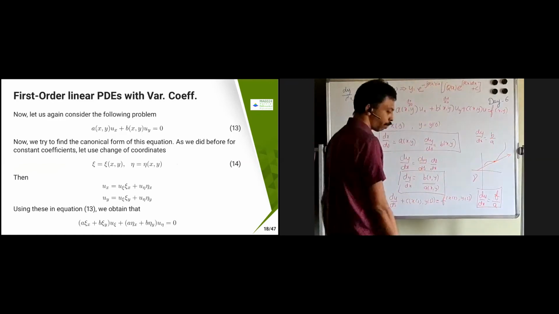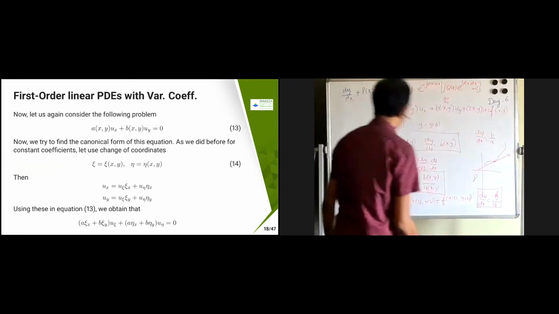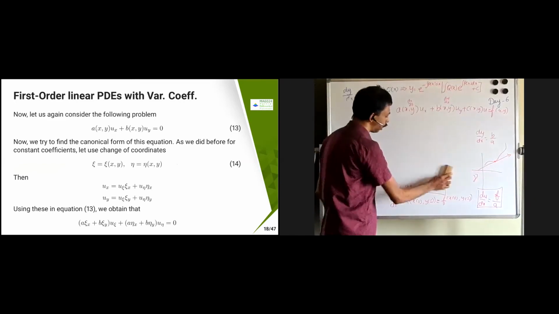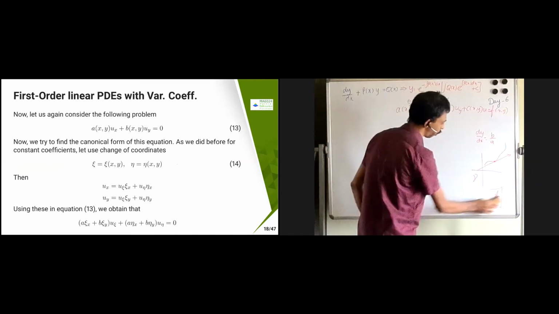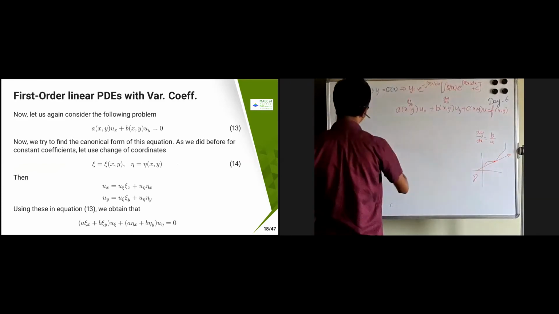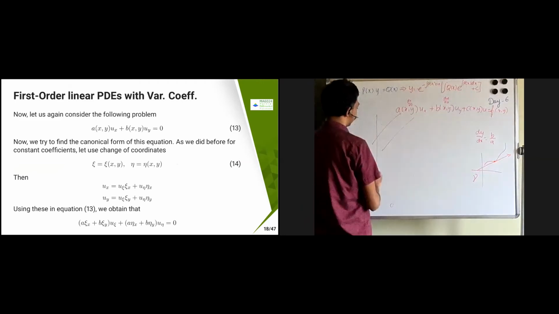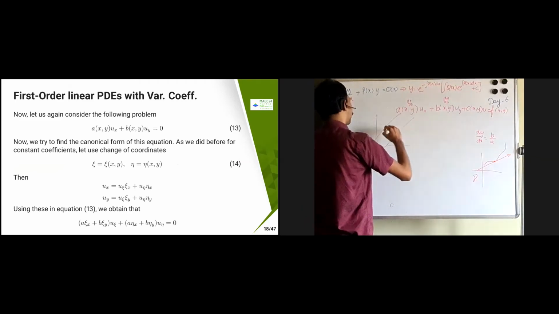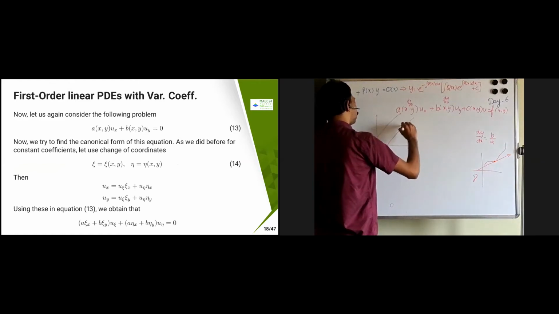In canonical form, what we need to do: in the previous one, the constant coefficient case, we had a characteristic line. We then transformed to the characteristic coordinates, chi and eta, along this line.